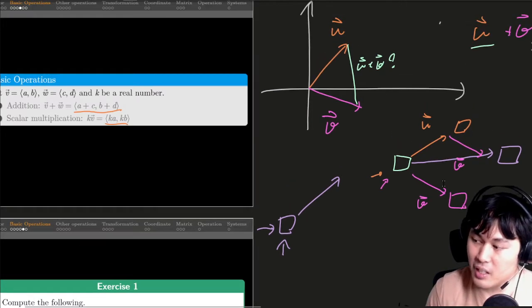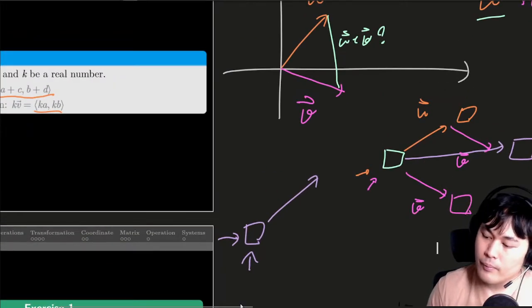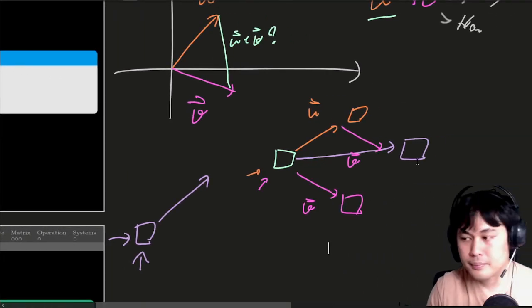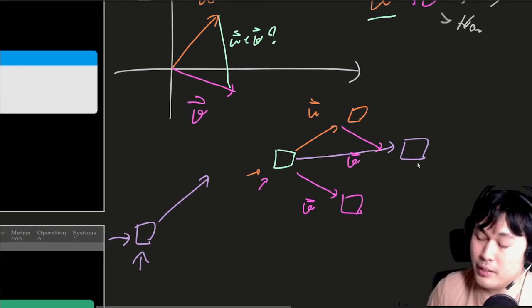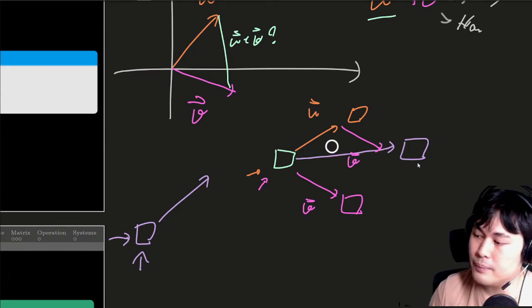And then here we have the combined movement of these two forces. And so naturally, the object should move this way.